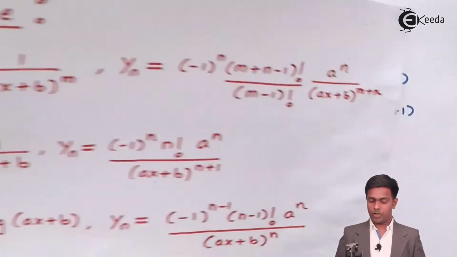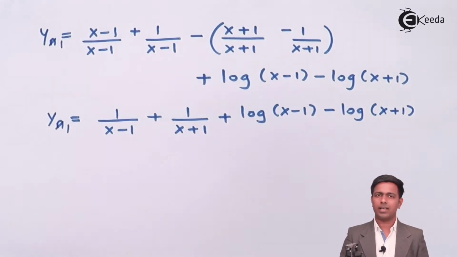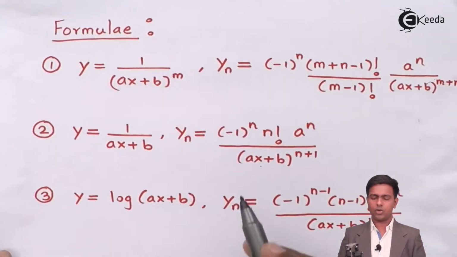But if you observe here, we have the value of y1 and not of y. So you must be thinking what will happen in this case. Let me explain. Understand whatever I'm explaining now, because that decides how the nth derivative changes.